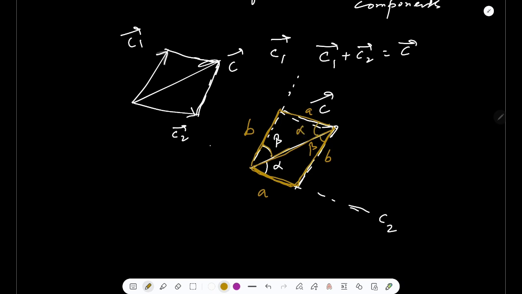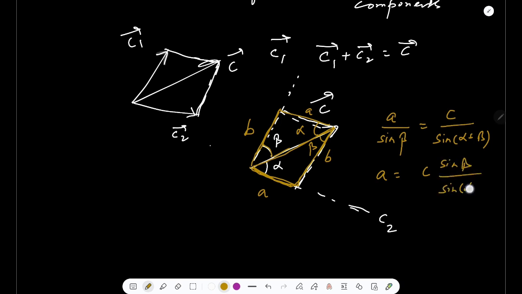You can use either of the triangles and write a upon sine beta is equal to c upon sine of 180 minus alpha plus beta, that is c upon sine alpha plus beta, and you can get a equals c sine beta divided by sine alpha plus beta.